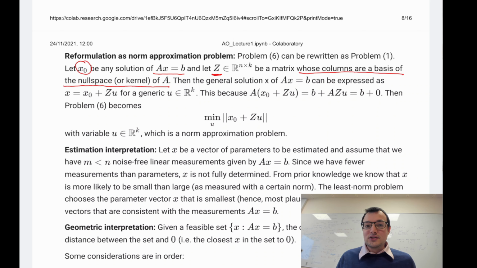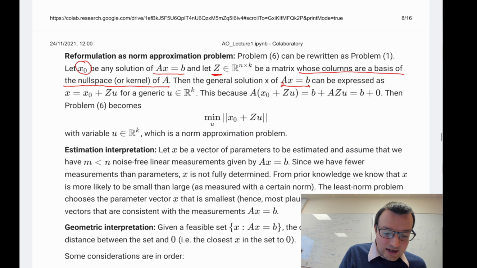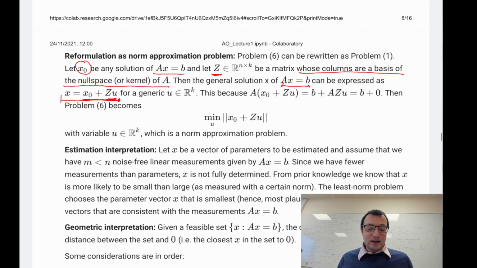The kernel are those vectors that multiplied by A give 0. That means that a generic solution to the equation Ax equal b can be expressed as the sum of the particular solution x0 and Z times u, where u can be anything.